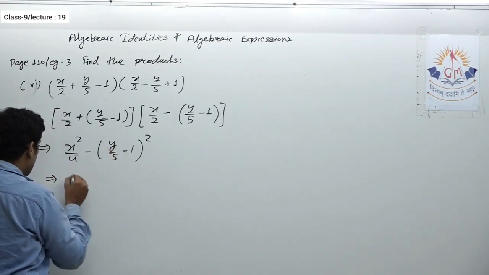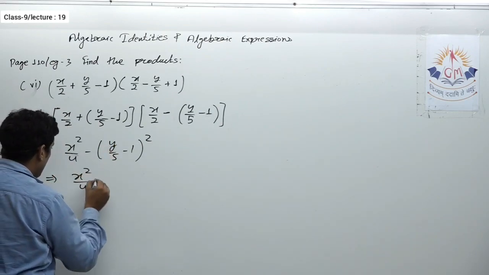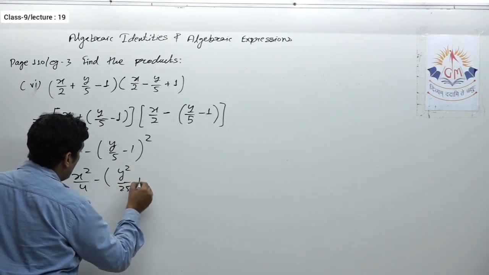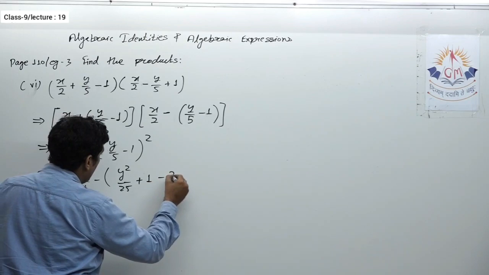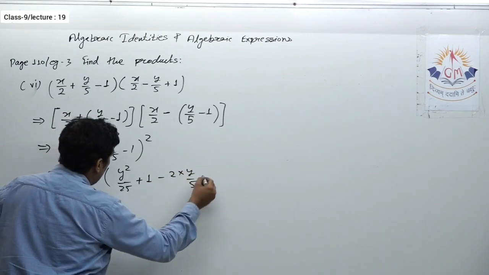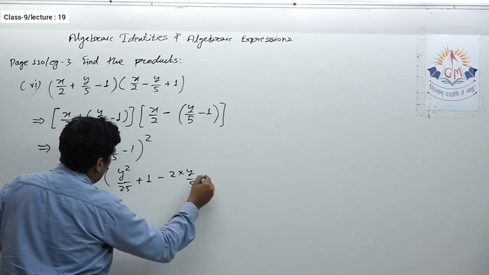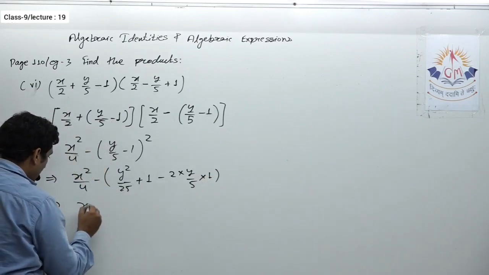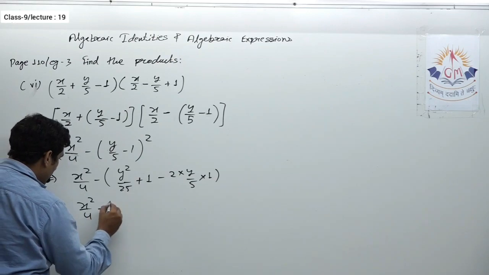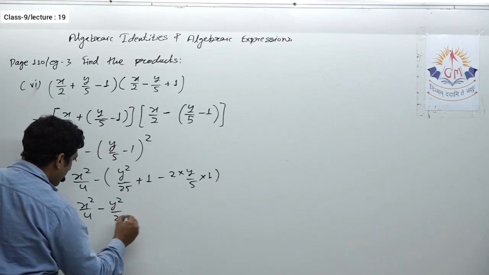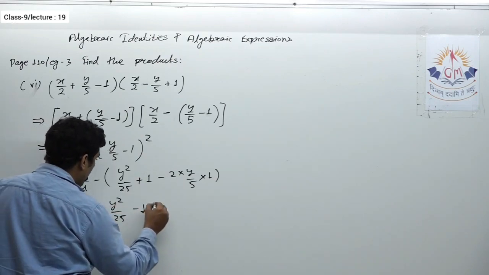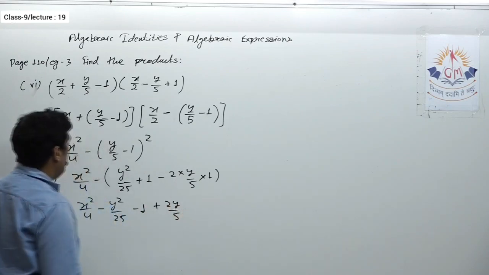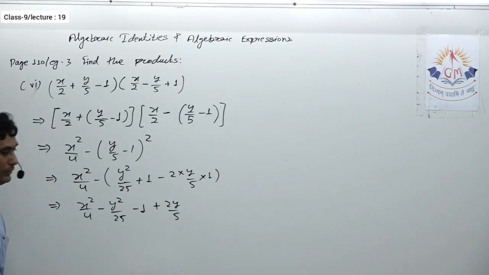Okay, so this is x square upon 4 minus, here y square upon 25 plus B square minus 2 into y upon 5 multiplied by 1. So ultimately my answer will be x square by 4 minus y square upon 25 minus 1 plus 2y upon 5. This is my final answer. So please note it down.